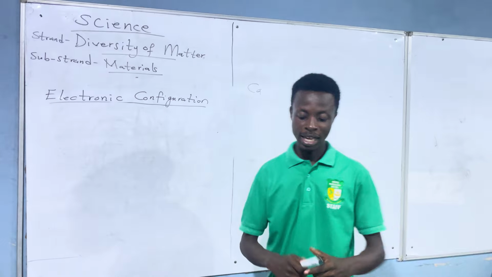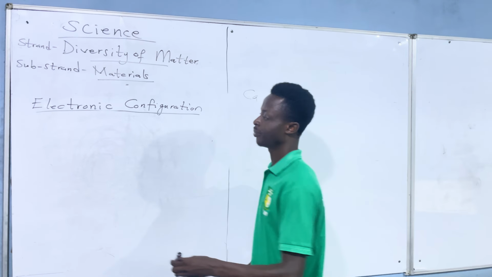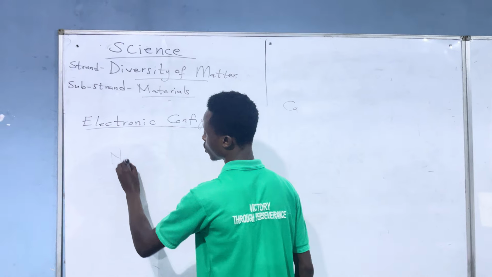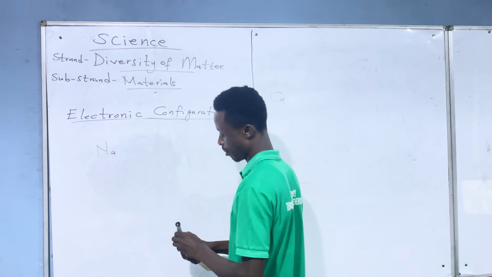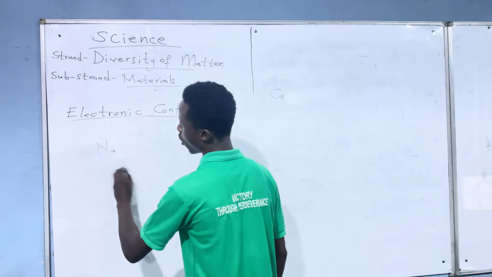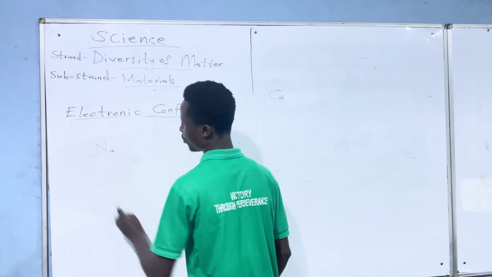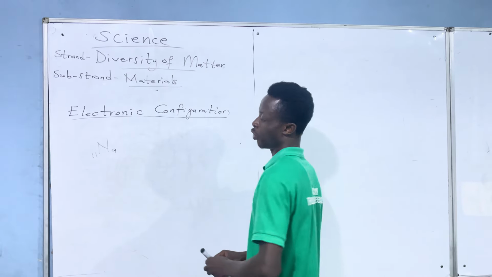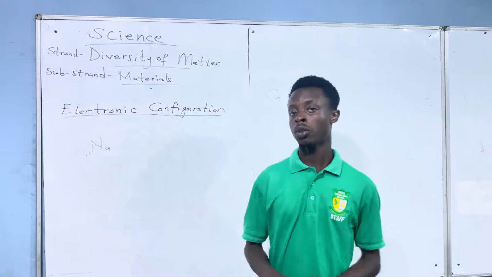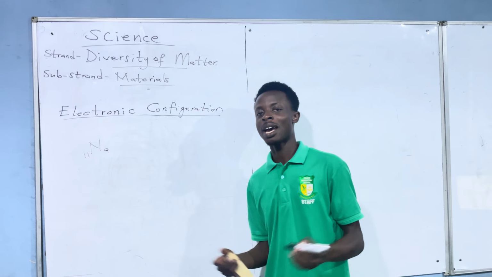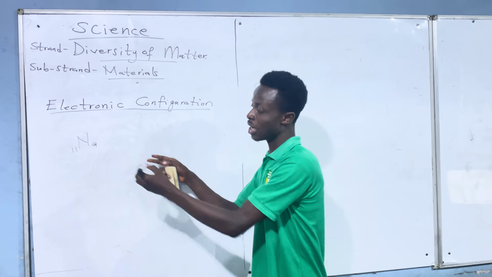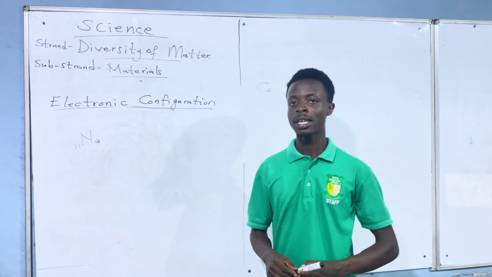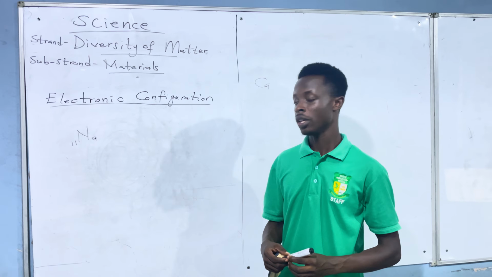So our first element, let's look at sodium. Sodium is the 11th element, so the atomic number of sodium is 11. The atomic number of a neutral atom is equal to the number of electrons, so we are going to use the number of electrons to write its electronic configuration.